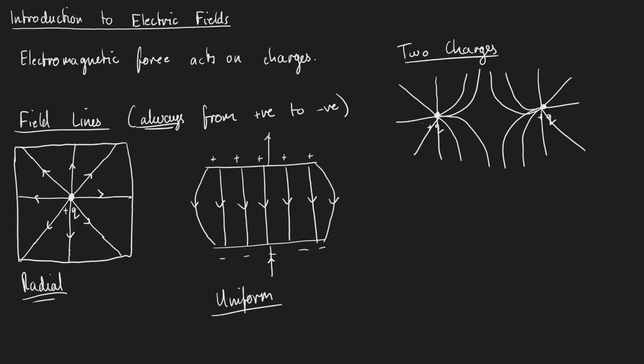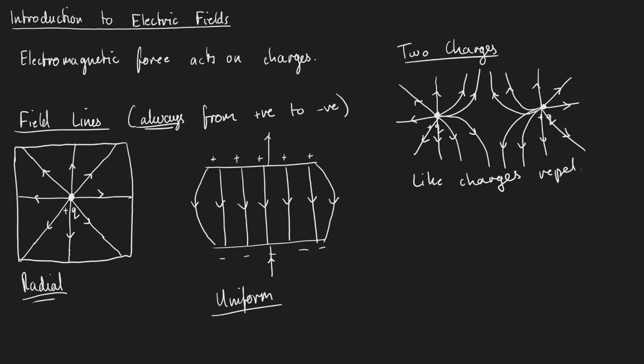And all the field lines always point from the positive to the negative, so it will be going away in all of these. If these were all negative, all of these arrows would be in the opposite direction. And these ones will also be going away from this positive charge. And I would also have to draw a boundary around this. But this is what happens when you have like charges, because like charges repel.